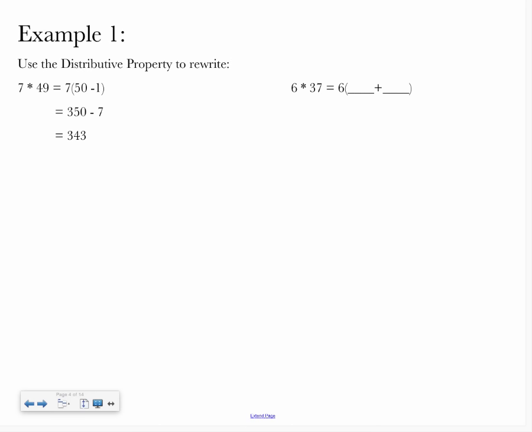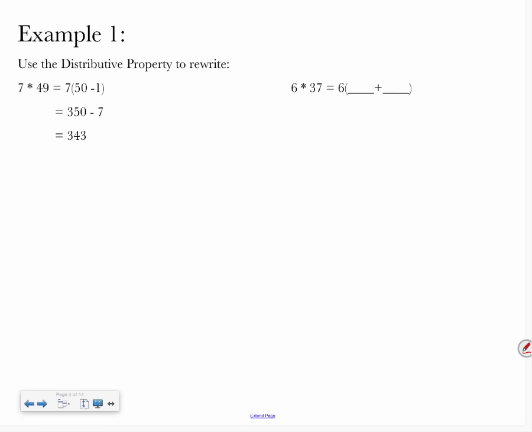So if we look over on the left, you can see we have 7 times 49, okay? We're going to be looking at a lot of mental math today, trying to make things easy for us to do in our heads. So 7 times 49, it's not exactly the easiest thing to do just right off the top of your head.